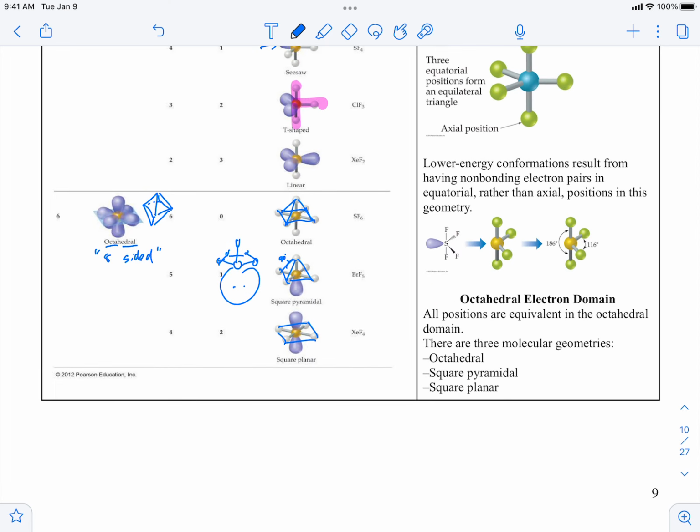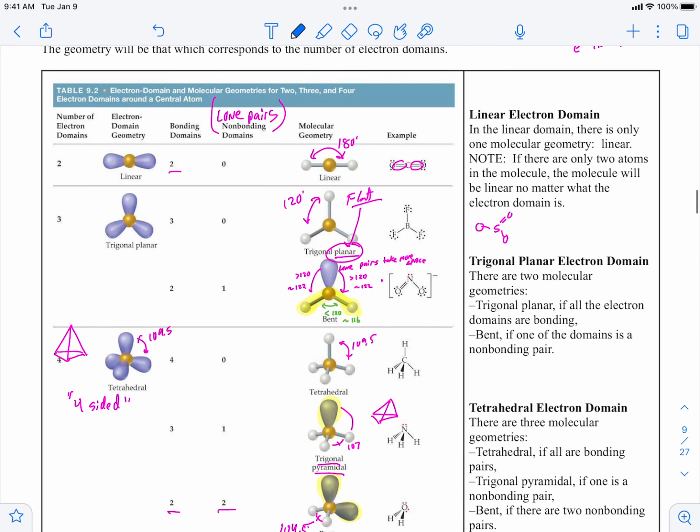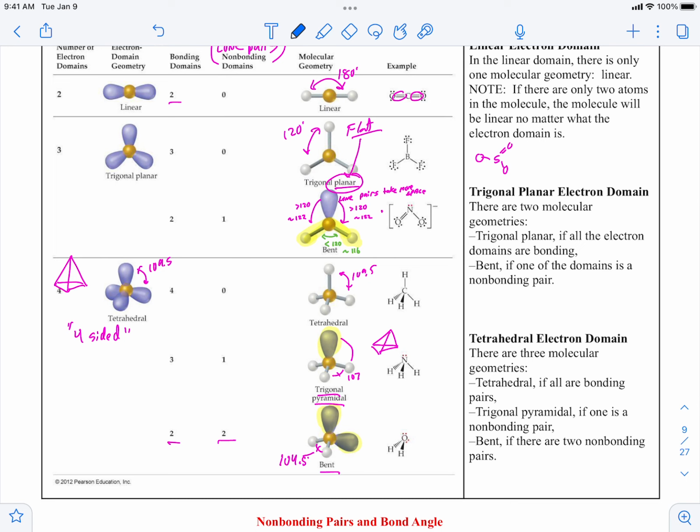All right. So let's back out for a second and look at these. What you need to be able to do right now is draw a Lewis diagram. You need to be able to assess the geometry. So which shape is this? And the easiest way to do that is to first put it into a category. Is this a 2 pair, 3 pair, 4 pair, 5 pair, 6 pair category? And once you're in that category, then assigning the shapes becomes a little easier.